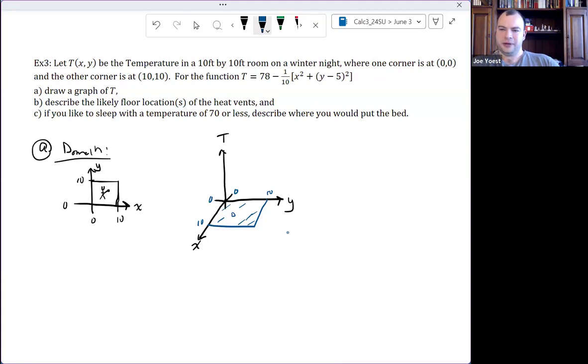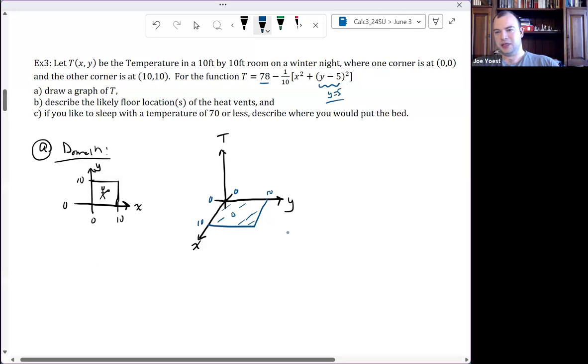Well, I'm going to look for some kind of easy to describe behavior. I do see that when y equals 5, this y term actually goes away and doesn't really have any influence, and I get something that looks like a downward opening quadratic in x. So the temperature looks like more or less minus x squared when y is 5.